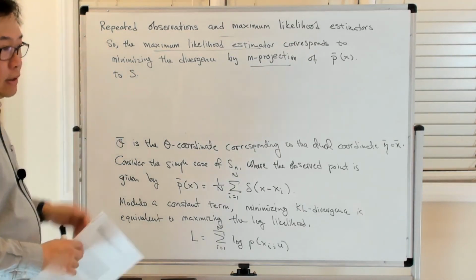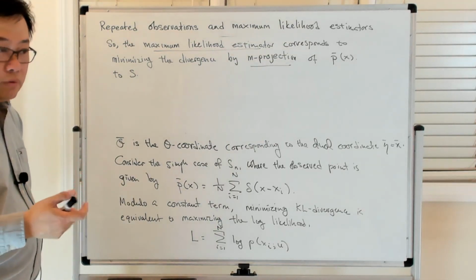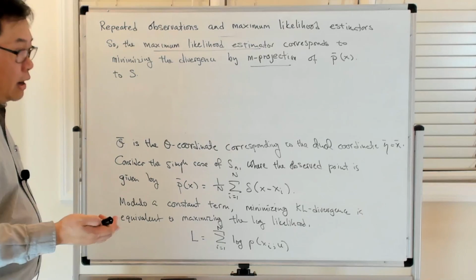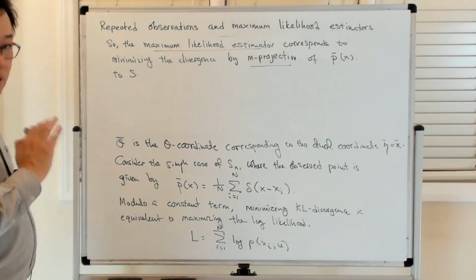So that's just a way to illustrate that many of the statistical concepts which we are aware of have an interpretation in the context of information geometry. So let me just stop here for now.